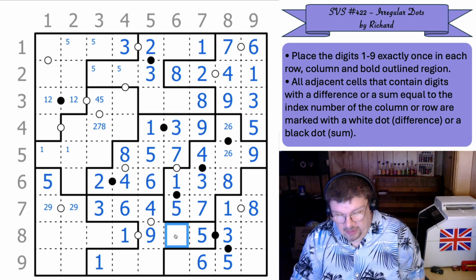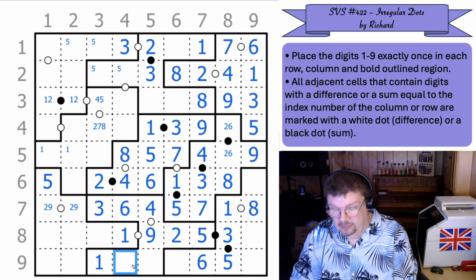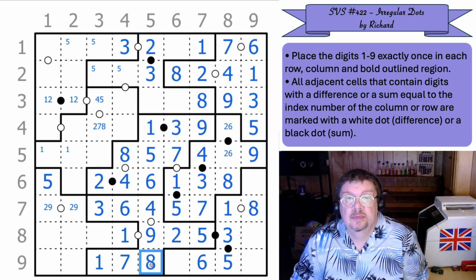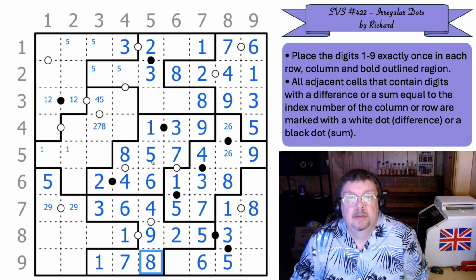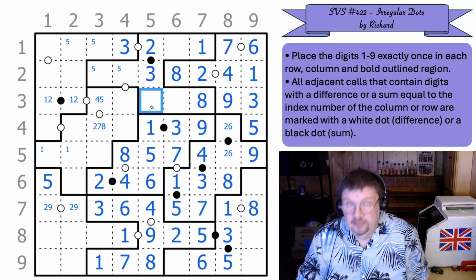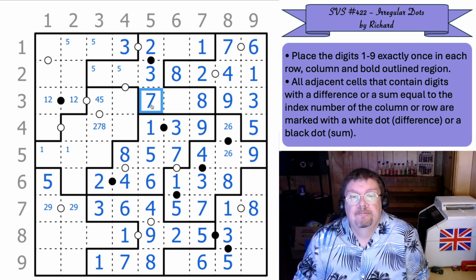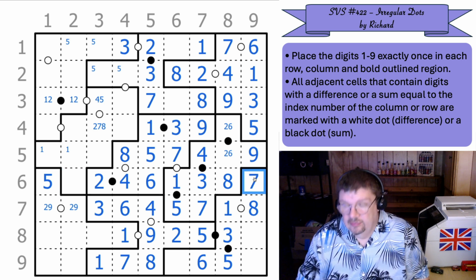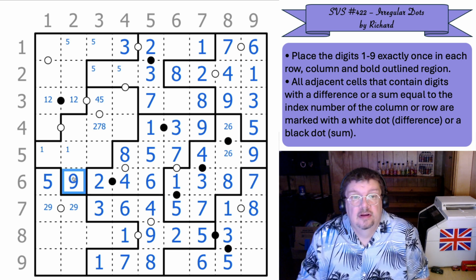That can't be 7 or 8, so that's 2, that's the 7, that's the 8. This cell by the column must be a 7. In this row, I need 7 and 9. That can't be a 9, so that's the 7, that's the 9.